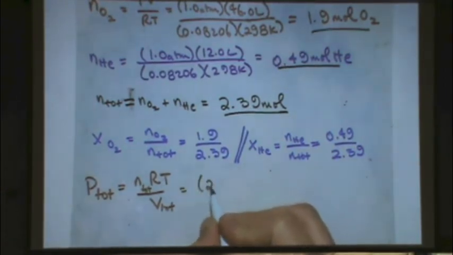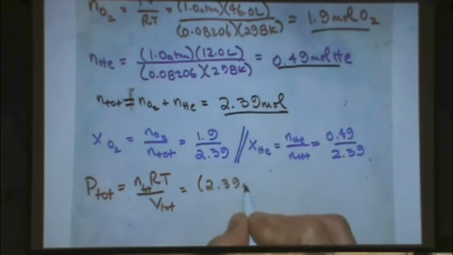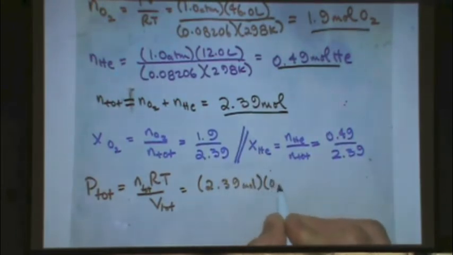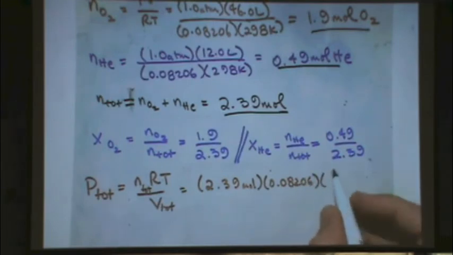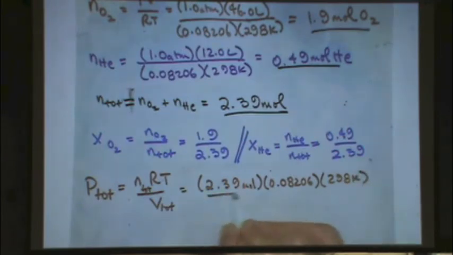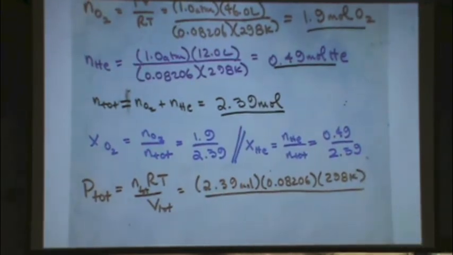N is 2.39 moles. R is the ideal gas law constant, same as before, 0.08206. Temperature is the same as before, 298 Kelvin. And total volume now is the volume of the 2 gases now in the final tank.